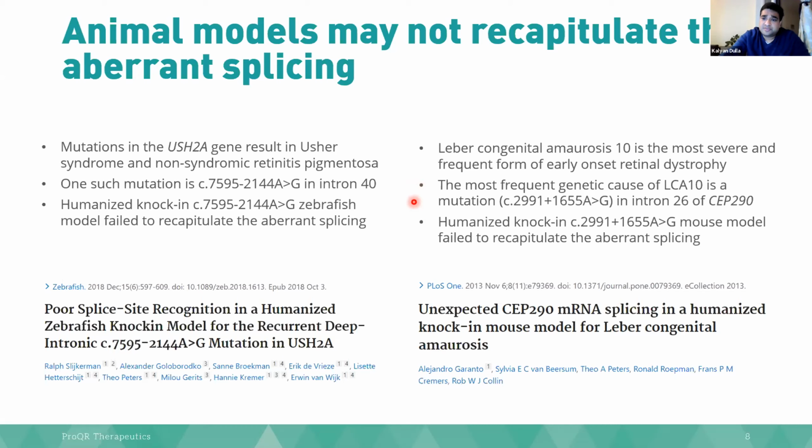There are around 2,000 patients in the Western world who suffer from LCA10 due to this mutation. In this case, a humanized knock-in mouse model was generated, again to aid the drug development process, but again, this model failed to recapitulate the aberrant splicing. So for a group of diseases or mutations, retinal organoids may be the only available model.